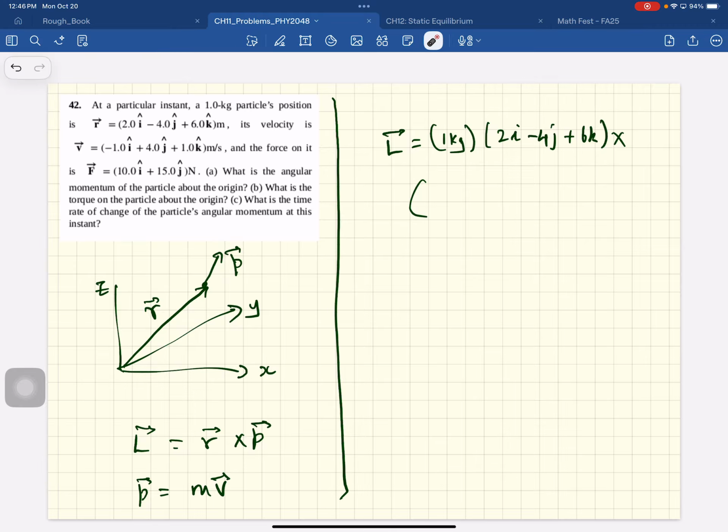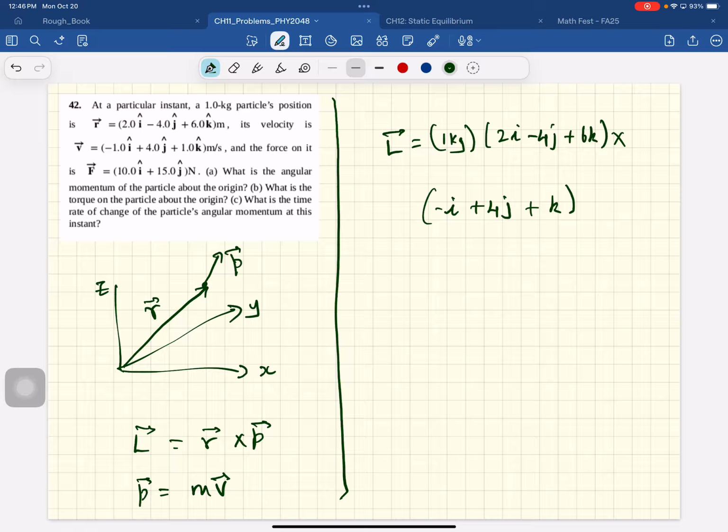Momentum was mass times velocity, and I've already multiplied mass, so velocity is minus i plus 4j plus k.